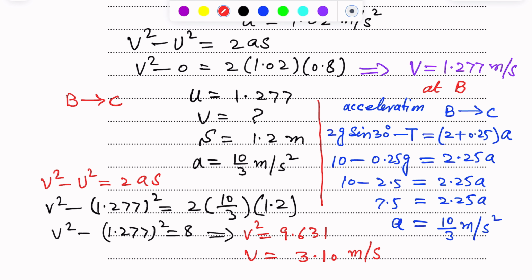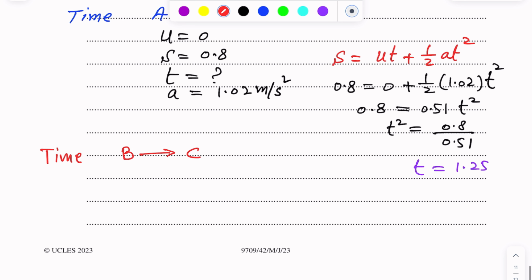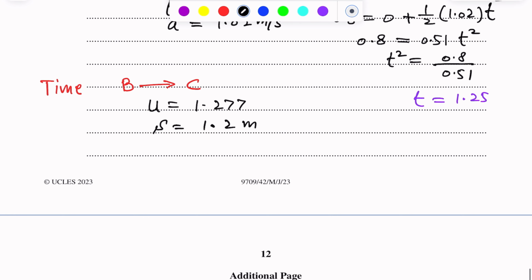We are taking this as initial speed for point B to C. Sorry, initial speed is 1.277 meter per second. Distance from B to C is 1.2 meter, it is given, and the acceleration is 10 over 3 meter per second square. We have found already.